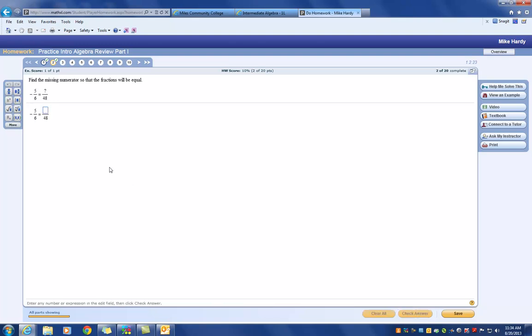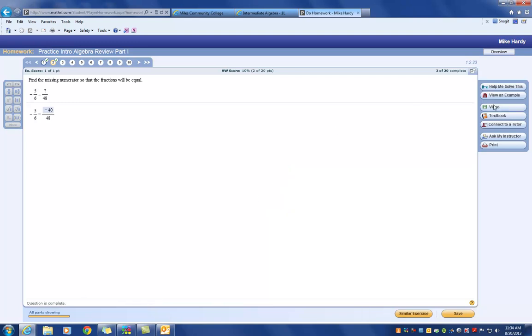Press the similar exercise button. I'll get another exercise just like this. 5 over 6 equals what over 8? Looks like we multiply top and bottom of this fraction by 8. So this is 48 down here and negative 40 up here. Check answer. Well done. Now I feel good about this problem.